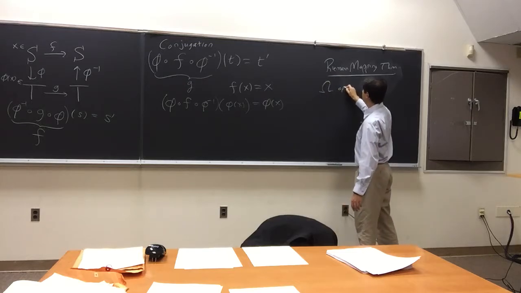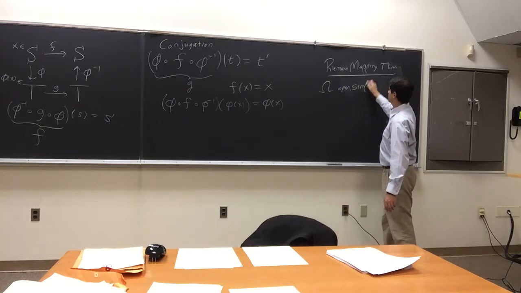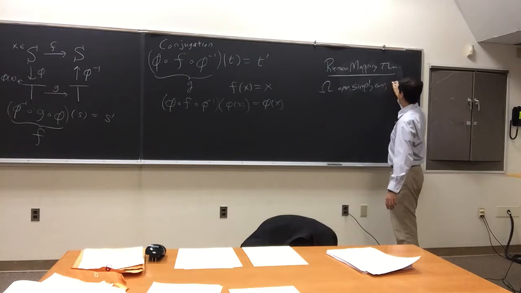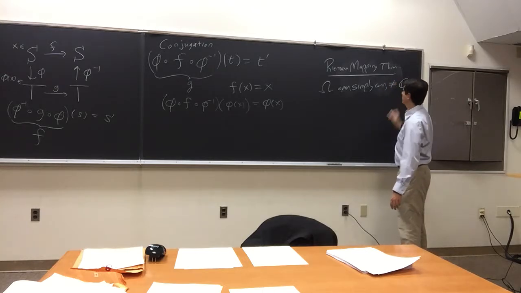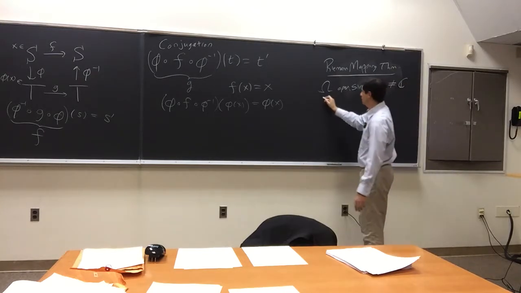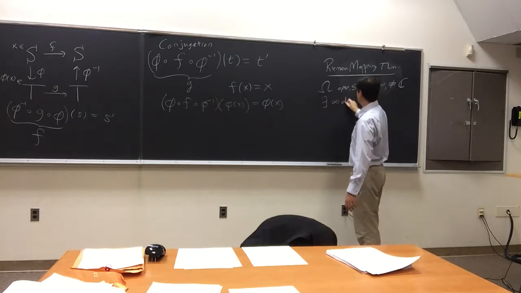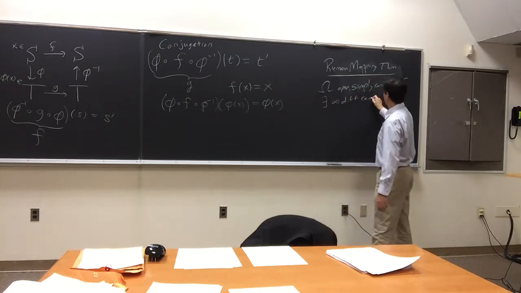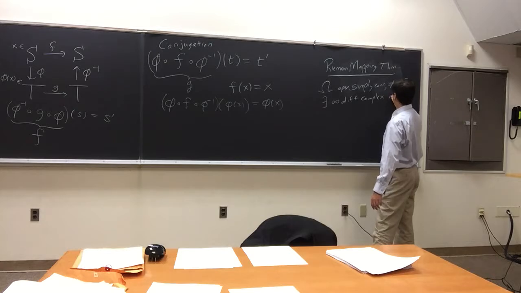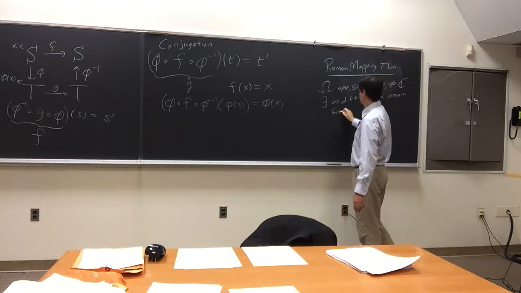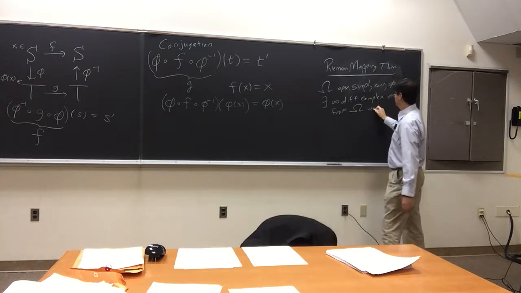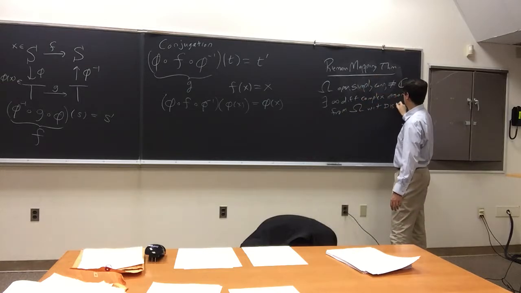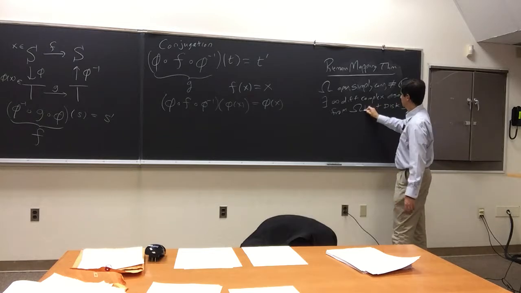Say omega is open, simply connected, and it's not equal to the entire complex plane. Then there exists an infinitely differentiable complex isomorphism from omega to the unit disk d.